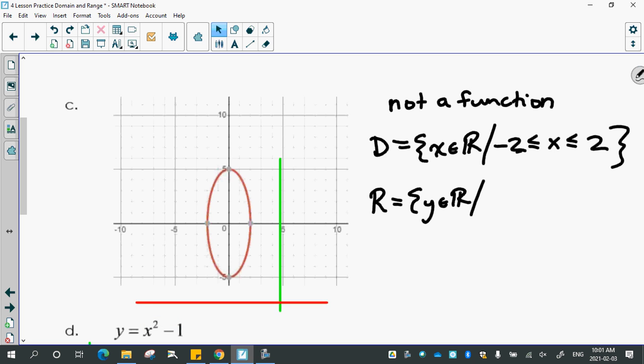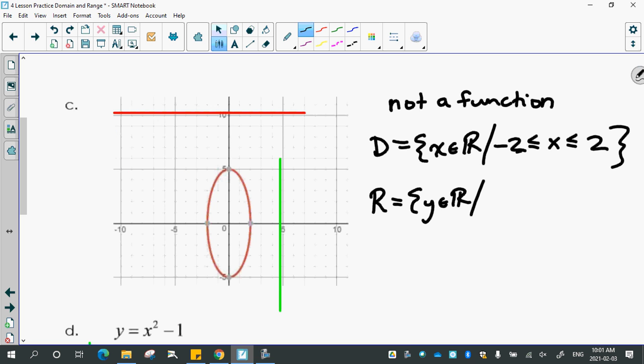I don't touch the graph until I hit -5 for the range, and then I'm always on it until I hit +5. And then after +5, I'm not on it again. So again, my range is bounded between -5 and 5. So -5 would be my smallest, less than or equal to y. Make sure you put a y there because we're talking about range, less than or equal to 5.